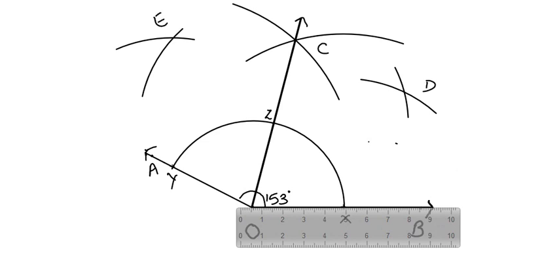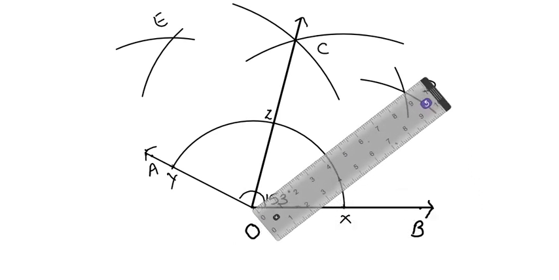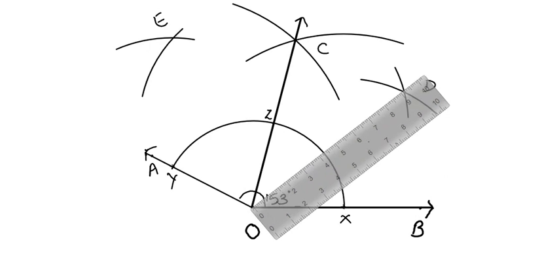Now I'm joining point O and D first of all. Now this is the point. You can see here how I'm doing it. You can also do it the same way.